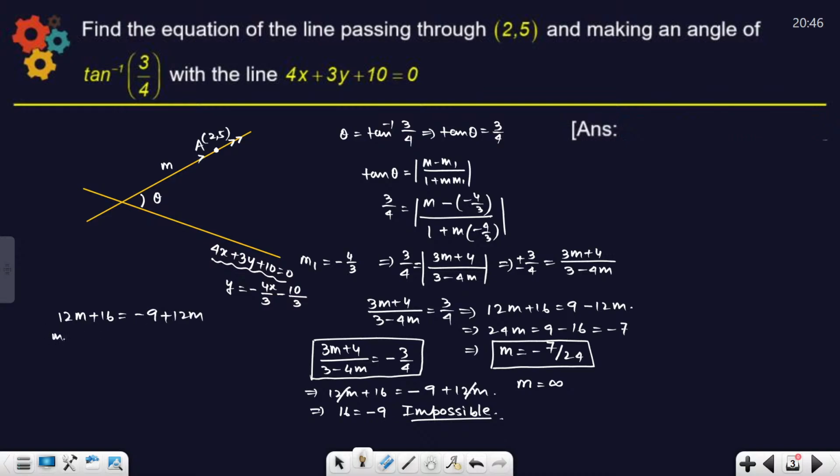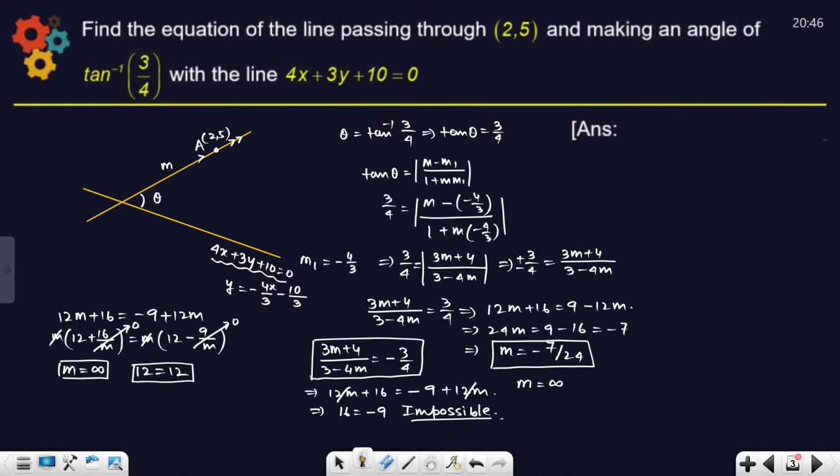Let me take m common from both sides. Now the m terms go off. If you take m tending towards infinity, then this part will become 0 and this part will become 0, which eventually gives us 12 equals 12. This is true, so it holds when m equals infinity.